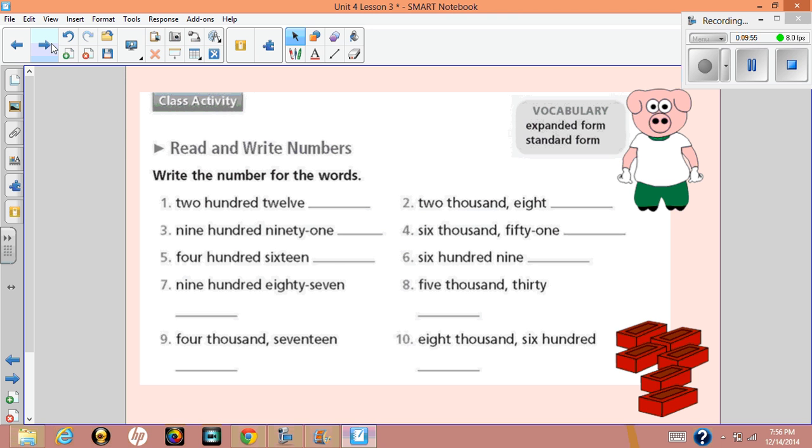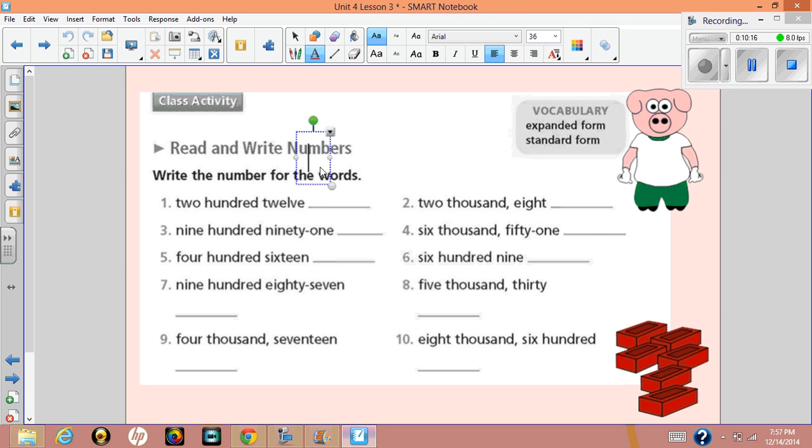Now what your assignment is going to be reviewing expanded form and standard form. So in these assignments, you will take the word form of a number and you will identify it in number form, in standard form.